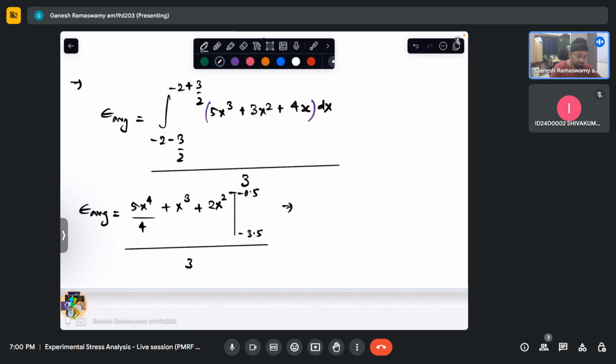So this will be integrating from minus 2 minus 3 by 2 to minus 2 plus 3 by 2, and we are integrating 5x cubed plus 3x squared plus 4x.